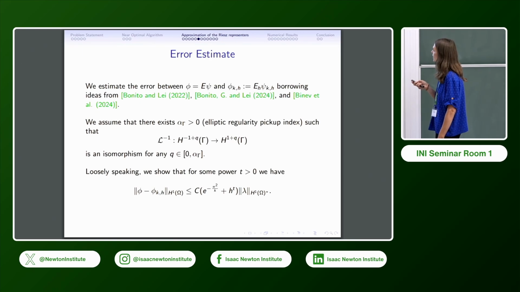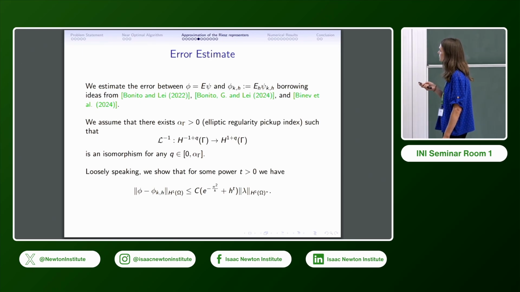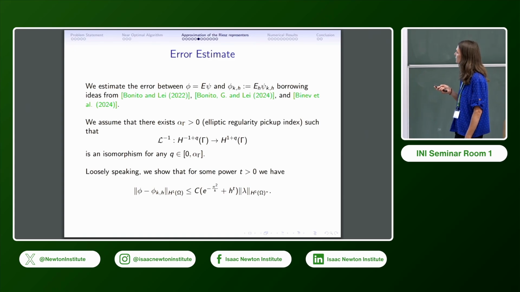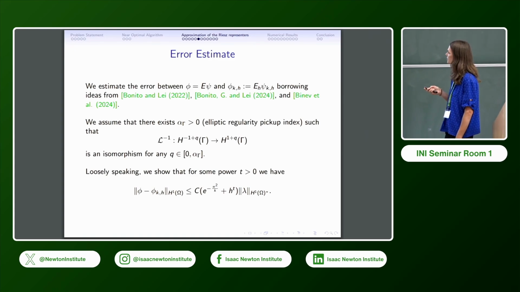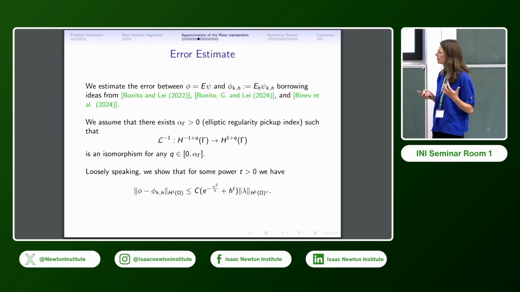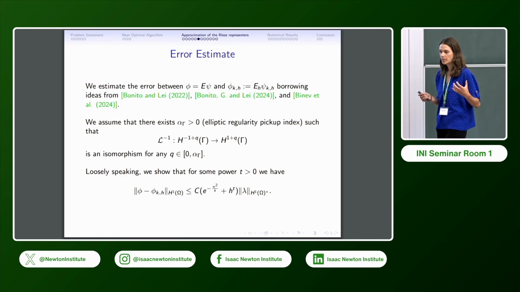This is this alpha gamma here, so that's an elliptic regularity pickup index for the L, where the L is this operator on the boundary. And so we assume that there is some positive constant alpha, such that L inverse is an isomorphism between these two spaces here. So we have from h-1 to h1, this is for sure, but we ask a bit more.